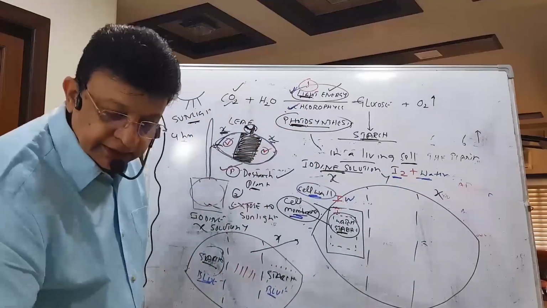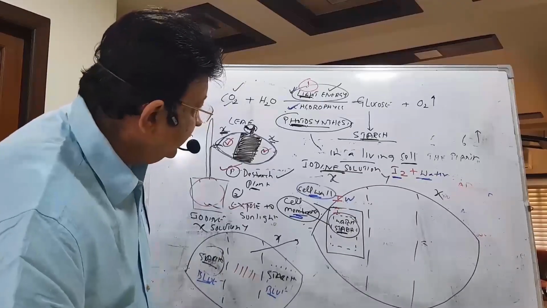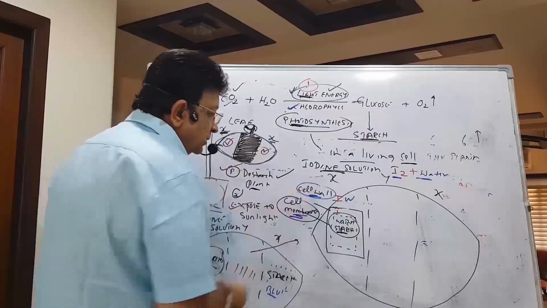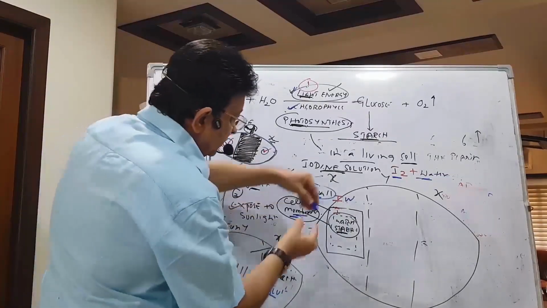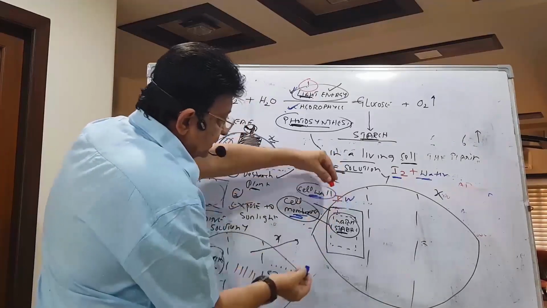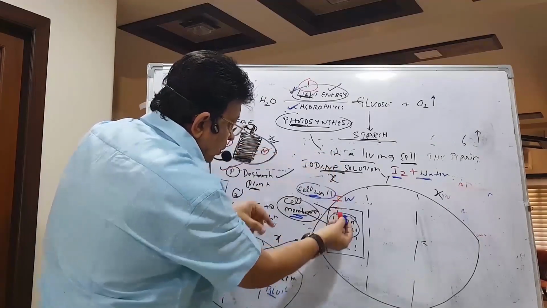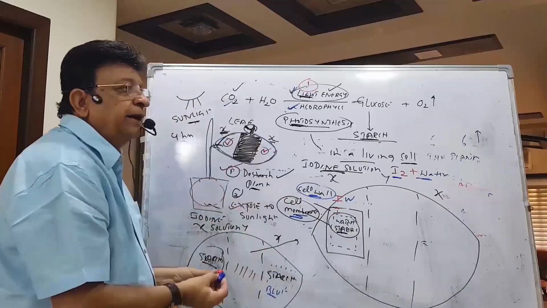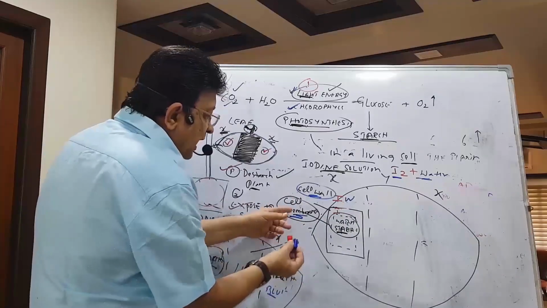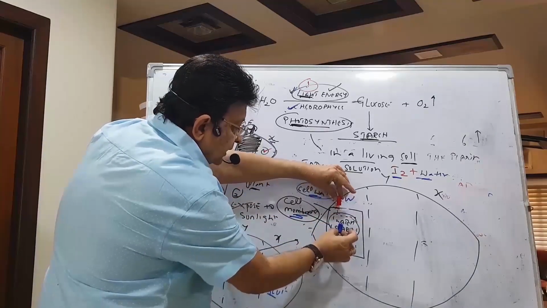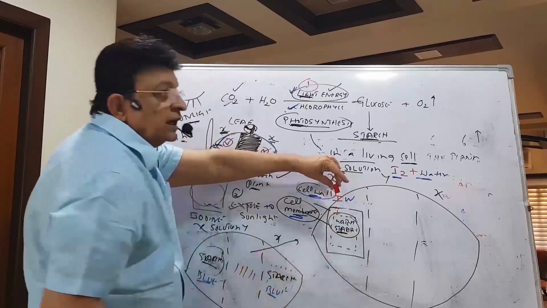So pay attention, when you added iodine to the cell, remember the iodine and the water both pass through the cell wall because it is freely permeable. After that, only water entered. What is the reason?